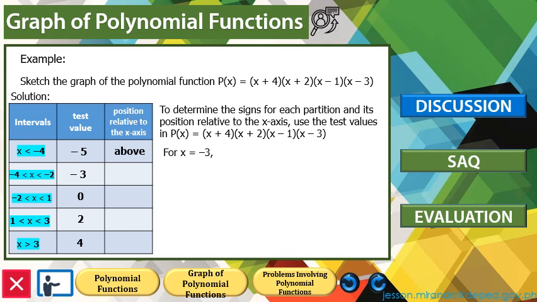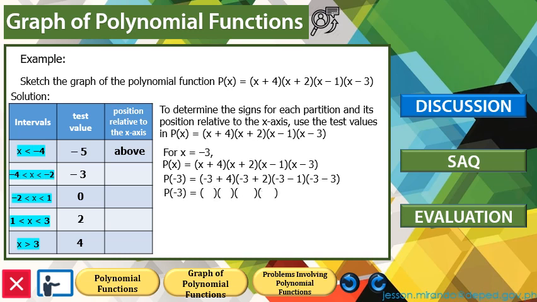For x equals -3, use the same process. P of -3 equals -24.